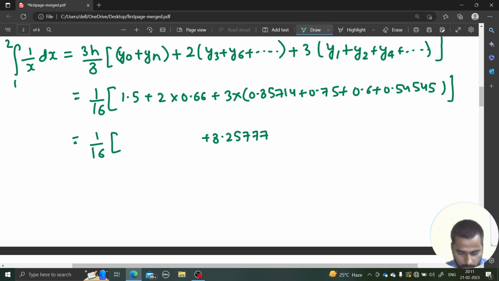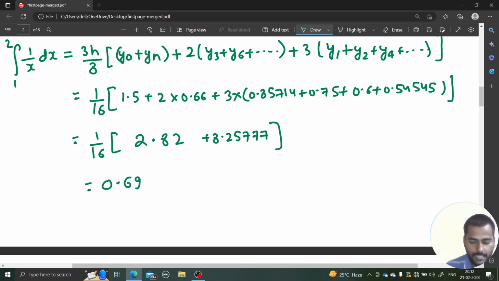Let's calculate this also: 1.5 plus 2 times 0.66 is giving me 2.82. And now finally 1 by 16 times 2.82 plus 8.25777, and this is coming out to be 0.69236. Something like that.